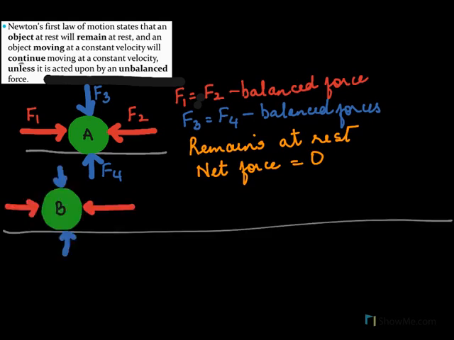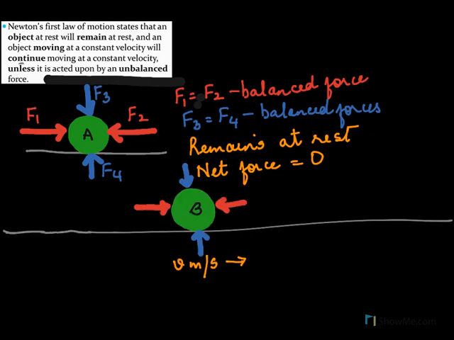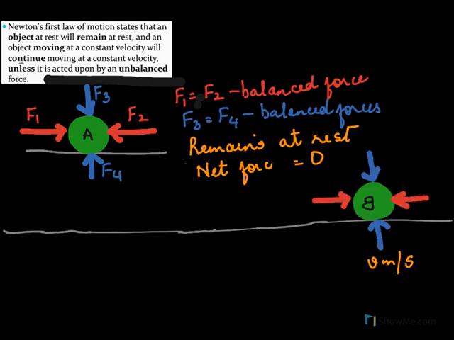In the next example, balanced forces are acting on an object which is moving with a velocity v. And as long as the balanced forces are acting on this object, the object continues to move with this constant velocity. The object does not change its velocity.